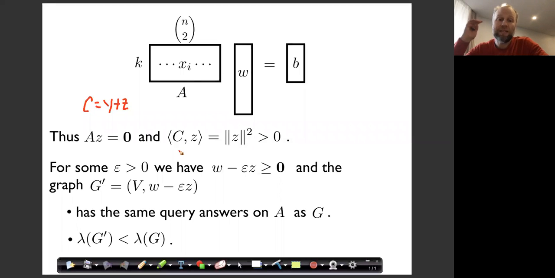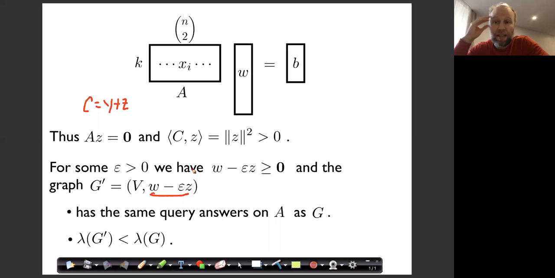So we can take some small epsilon and perturb W to W minus epsilon times Z. We can take epsilon small enough so that this is a non-negative vector. At the same time, in the graph whose weight vector is this, the cut corresponding to C has a slightly smaller value. Since C was a min cut, this means that this graph G' has a smaller min cut than G does.